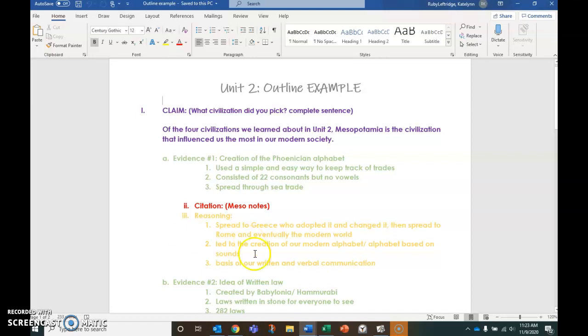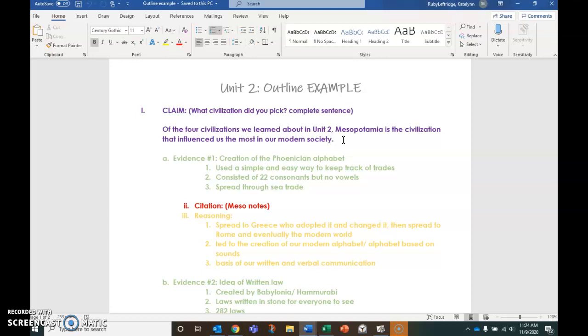Okay? So the first thing that you'll see is it says a claim. What civilization did you pick in a complete sentence? Outlines do not typically have complete sentences, but because I want you to write your actual claim, this should be a complete sentence. So remember that for a claim, you need to restate the question and answer the question.